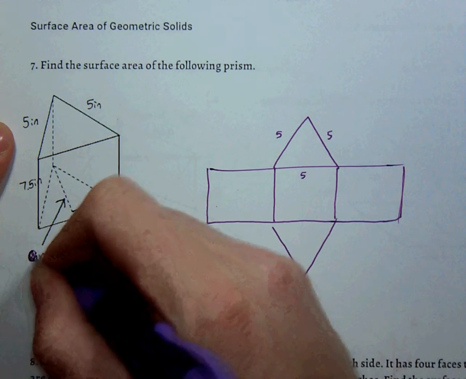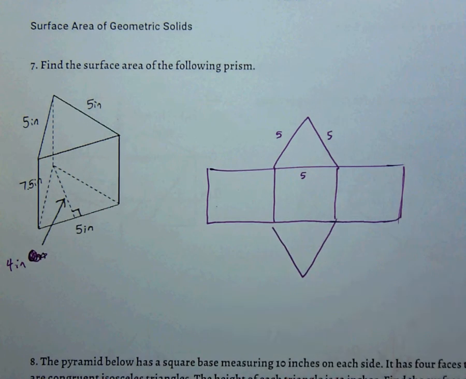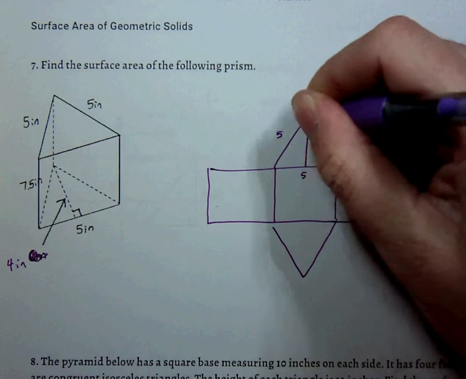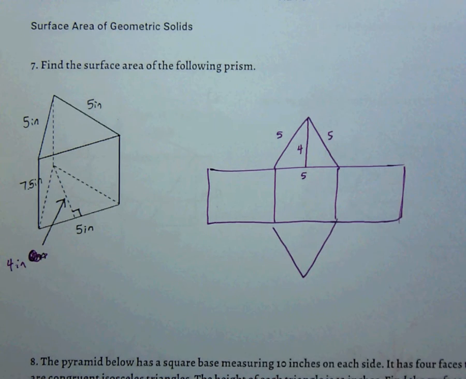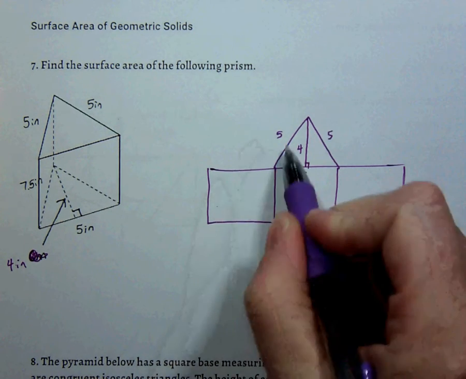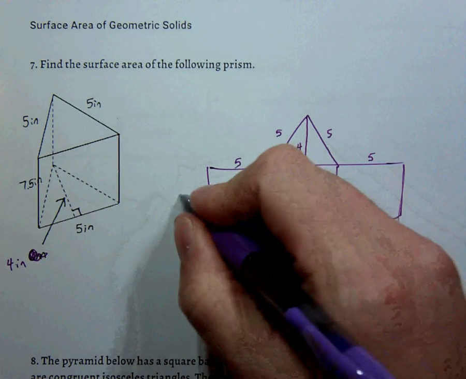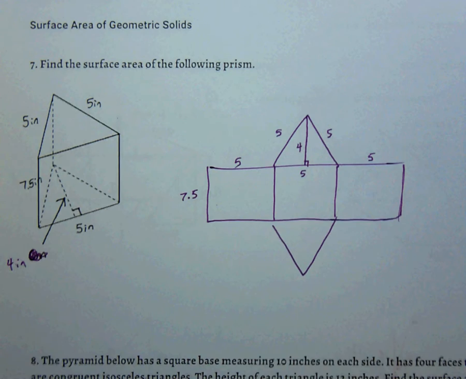This is supposed to be a 4. That's 4 inches. So the height right here is going to be 4. And so if that's 5, this is 5, and so is this, and then the only missing side is 7.5 right there.